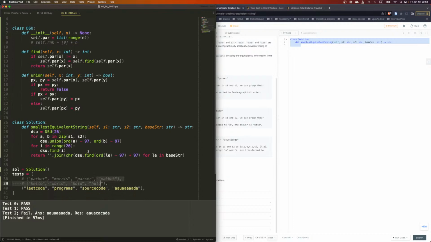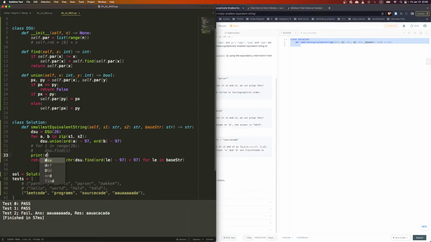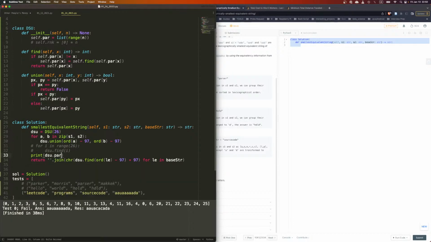Why do we have this problem? Print dsu dot parent. That is not helpful at all. Yeah, it's not 0. C is 2 because C gets connected to R, but R is already connected to E.